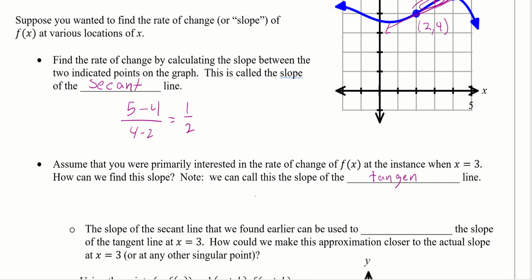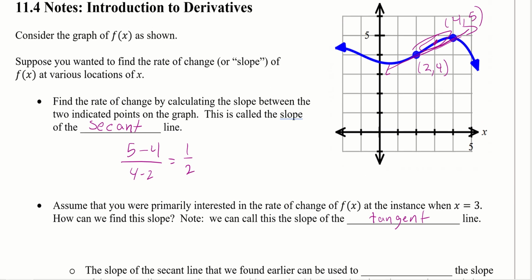Remember, it just touches it one time. So the tangent line there. And so what we're going to do is, if you notice on here, I want this slope right there. So we're going to end up moving our 2 points closer and closer and closer to each other, so I can get a good representation at x is equal to 3.